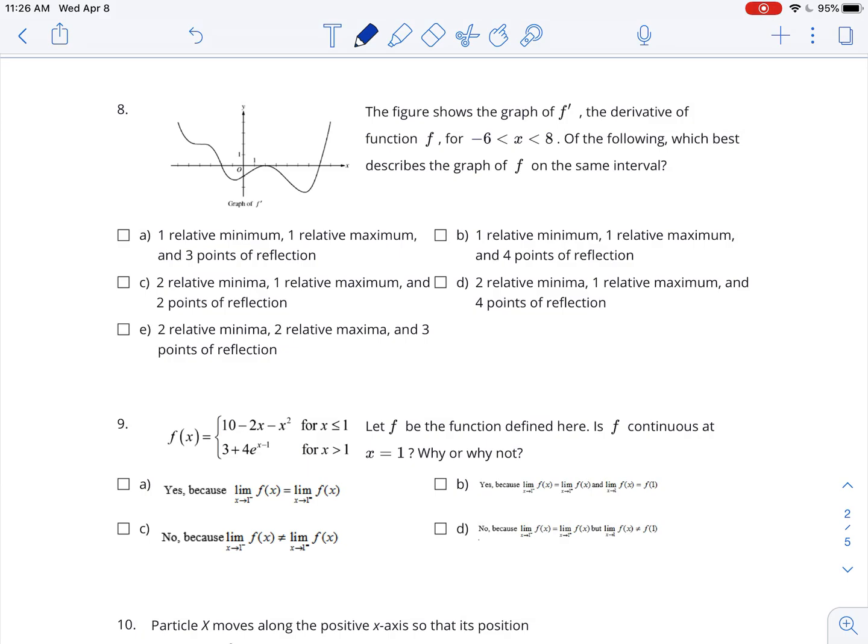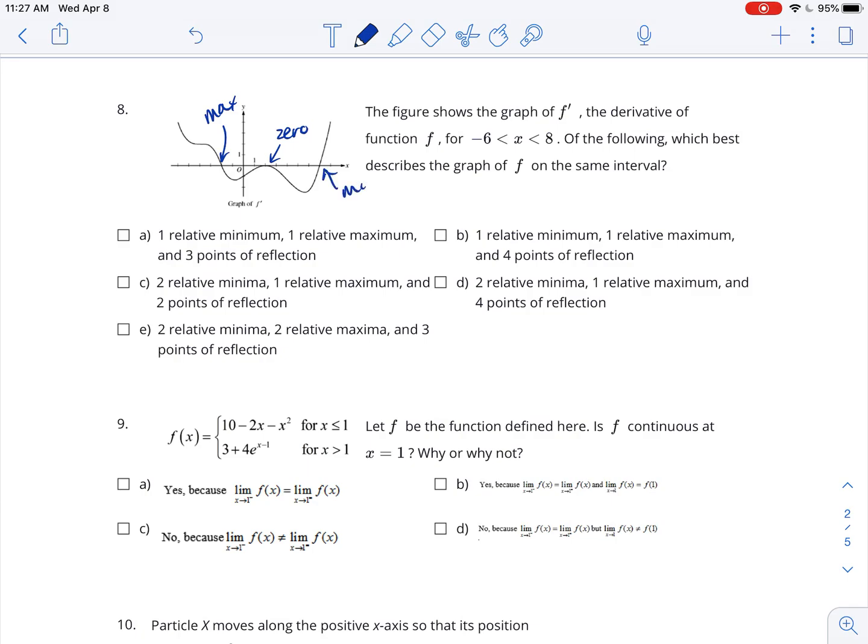Okay, number 8, the figure shows the derivative, so that's just f prime, between -6 and 8 on the interval. Which best describes the graph of f on the same interval? Okay, so we did this back in, I don't know, unit 2 when we were looking at derivatives. I know I'm going to have a max here because it's going from positive to negative. I have a 0 slope here. It's not going to be a max or minimum.